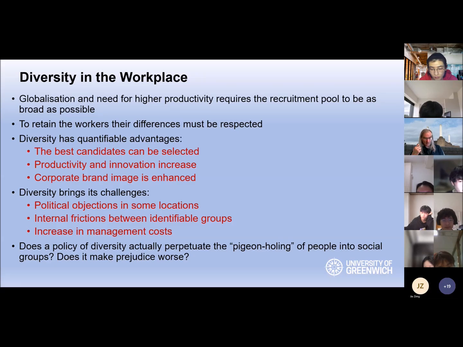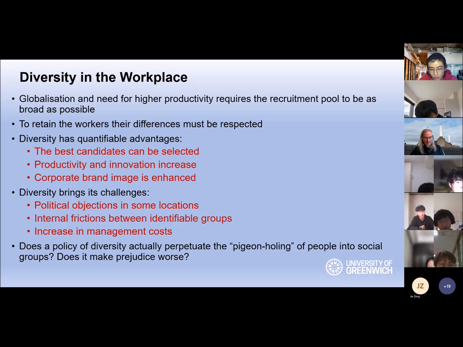So we need to be able to recruit the best people, and that means opening recruitment up to people who may be older, to female workers who may have families to look after. You need to open it all up so you get the best candidates, the candidates that innovate the most. And it also is good for your brand image at the same time.